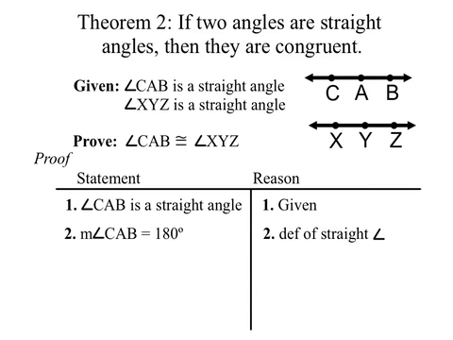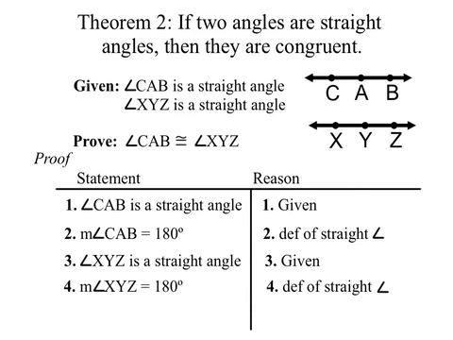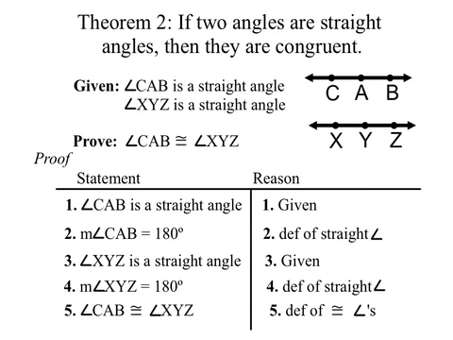Number 2, the measure of that straight angle is 180 degrees. That's the definition of straight angle. Number 3 is the second given. Angle XYZ is a straight angle. And number 4, angle XYZ has a measure of 180 degrees. That's the definition of straight angle. And since both angles equal 180, they're congruent because that's the definition of congruent angles, reason number 5.